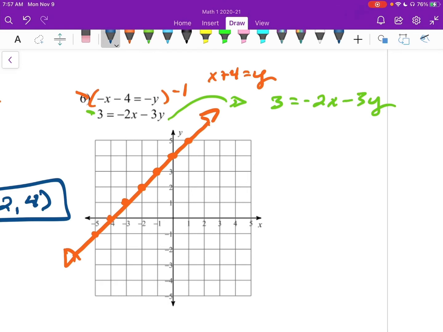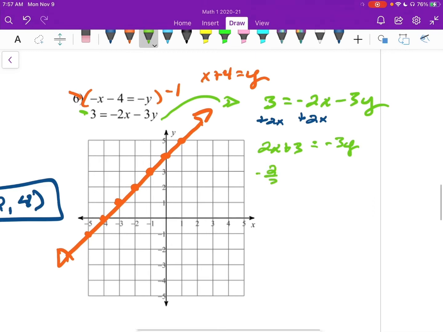So I'll start off by adding 2x to the other side. So we're going to have 2x plus 3 is negative 3y. I'll divide everything by negative 3, and I get, well, negative 2/3 x minus 1 equals y. Now that one's easy to graph.